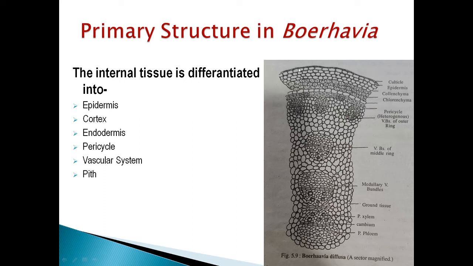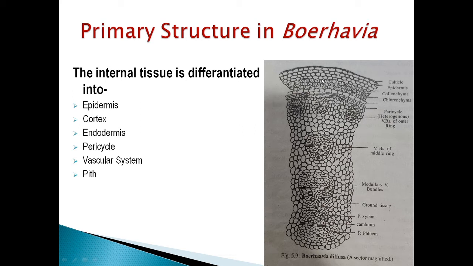This cuticle forms on the outside of the epidermis. Some of the cells of the epidermis give rise to uniseriate multicellular hairs. The next layer is the cortex.